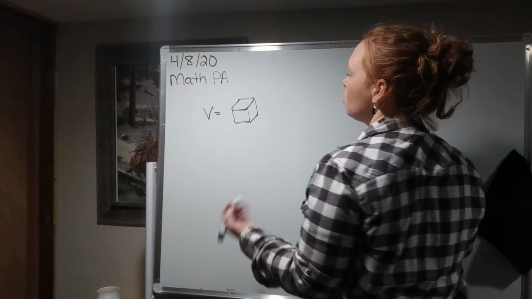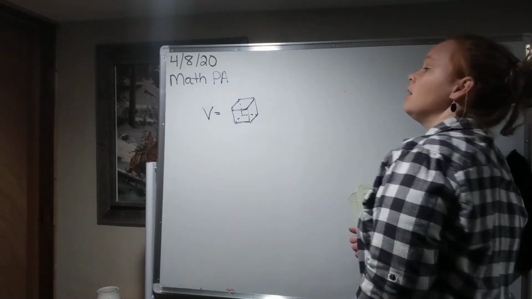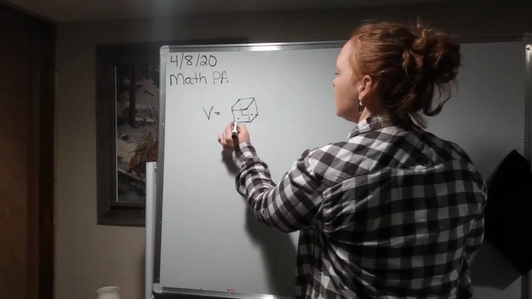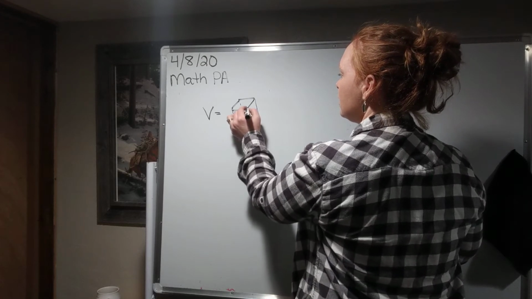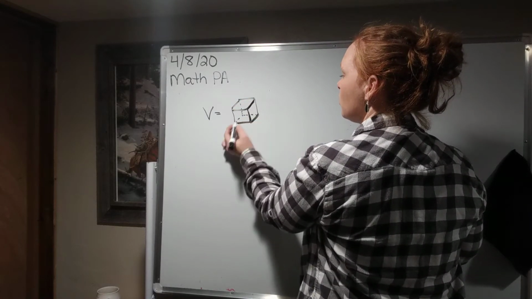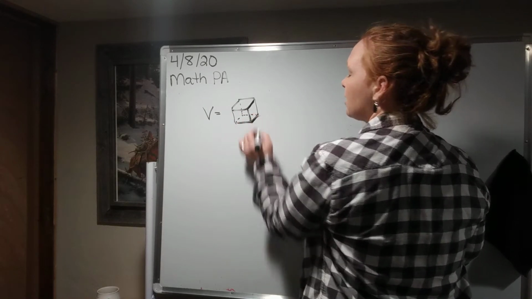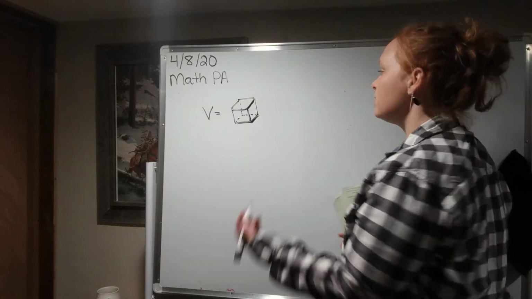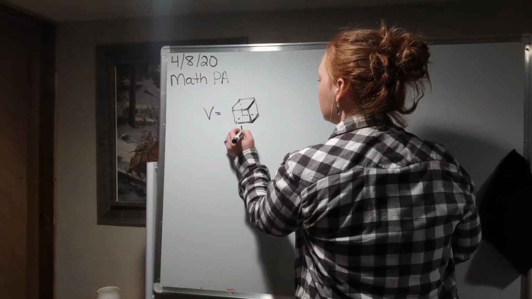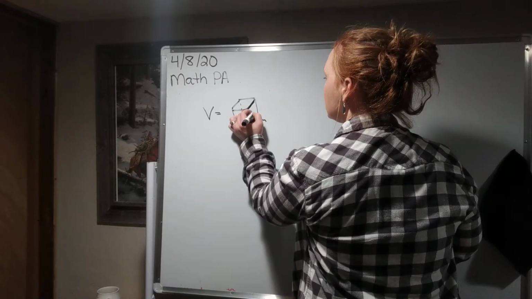Now, cubes are really cool to work with because they are the same distance here, here, and here. So we need a height, a width, and a length. We have 3 measurements in a cube, but they're all going to be the same. For this instance, let's say this one is 1 centimeter, 1 centimeter, 1 centimeter.